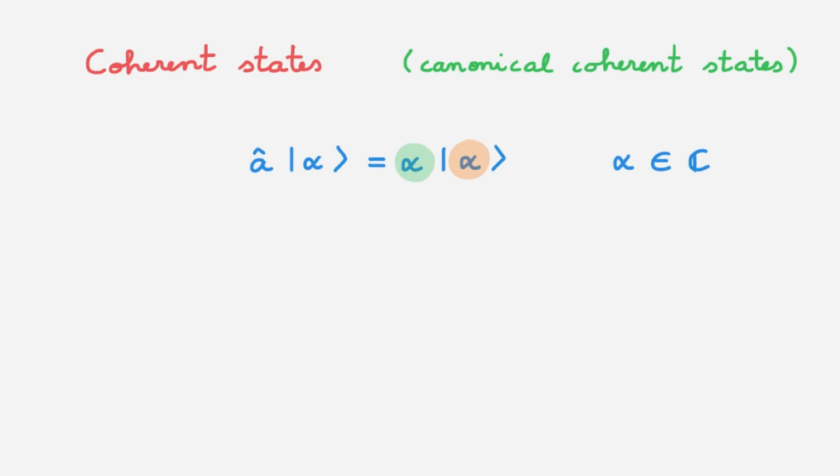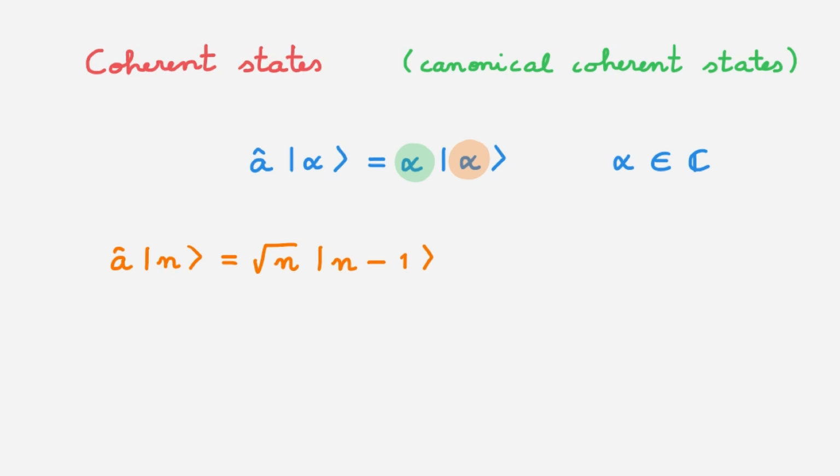What does it mean conceptually that coherent states are eigenstates of the lowering operator? An eigenstate is a special state which doesn't really change when you apply the corresponding operator. All that happens is that you may get a scaling factor, the eigenvalue. But remember that the application of the lowering operator on an energy eigenstate removes a quantum of energy.